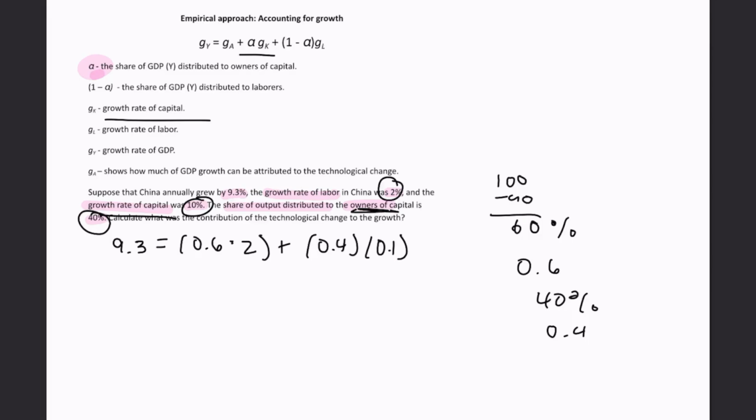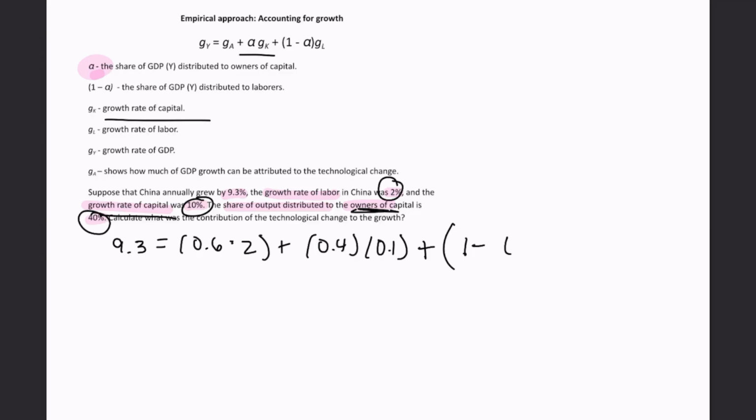And then let me erase all of this, and then the rest of the equation: plus 1 minus A, which is 0.4 like we did earlier.